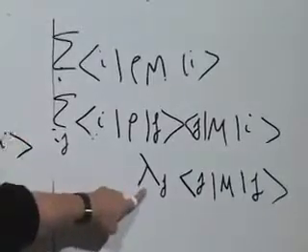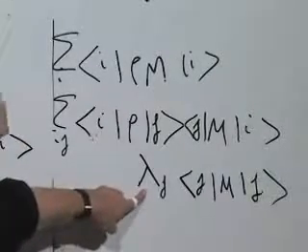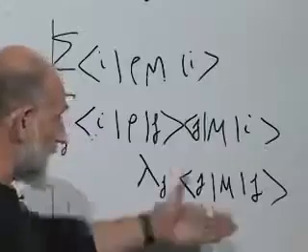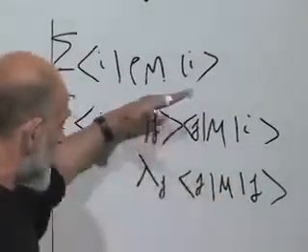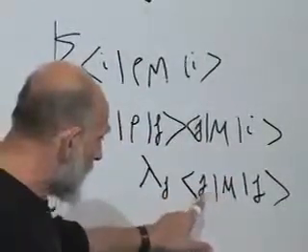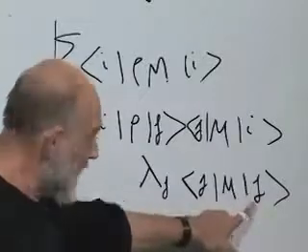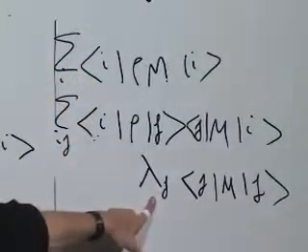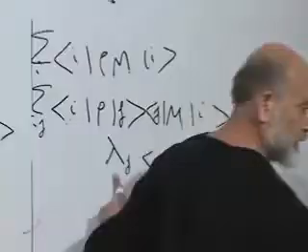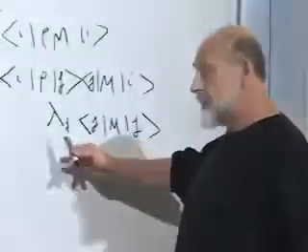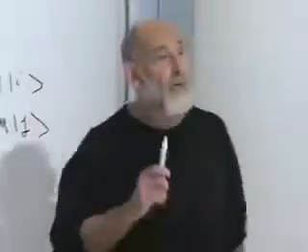This is just the probability of the jth state. So this reads exactly what you might expect. It's the average of m in the jth state weighted with the probability of the jth state. So you can think of the eigenvalues of rho as the probabilities to be in the jth state, but only in the basis in which rho is diagonal.